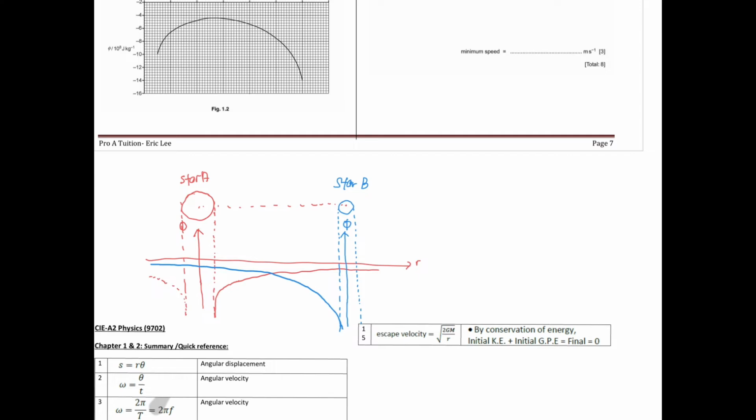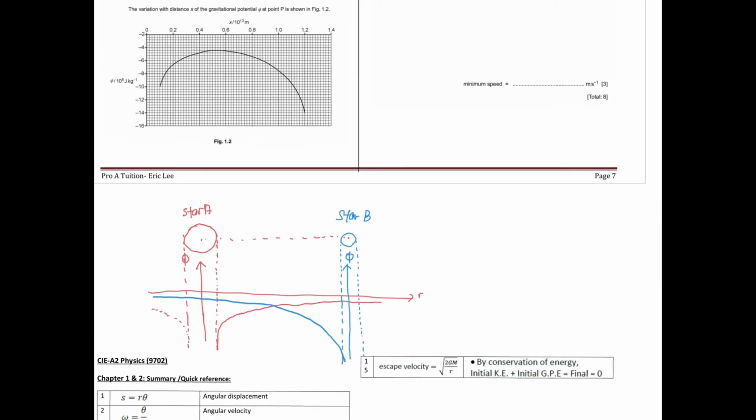Now how are we going to understand, or take, this graph? There's a concept here. The graph that is given in the question is actually the overall gravitational potential of the two stars.